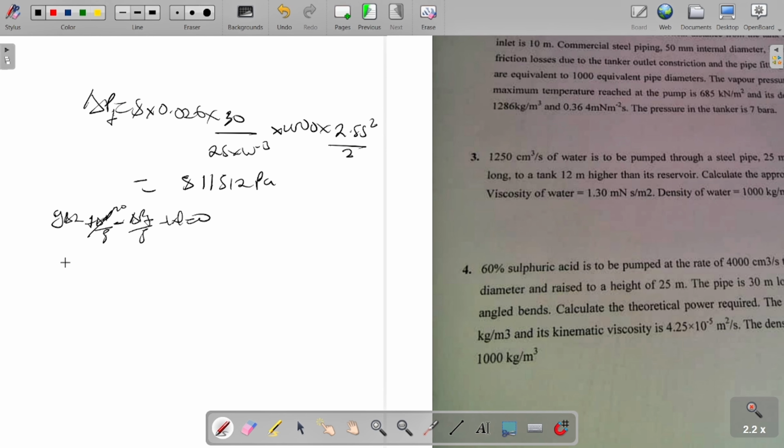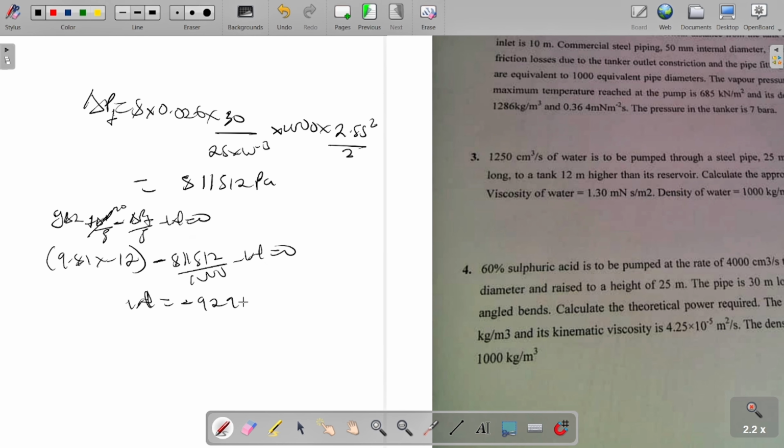P1 and P2 are the same, 1 atmosphere. And over here, I have 9.81 multiplied by minus 12. Then the P_f is 811,512 divided by 1000, minus W equals 0.